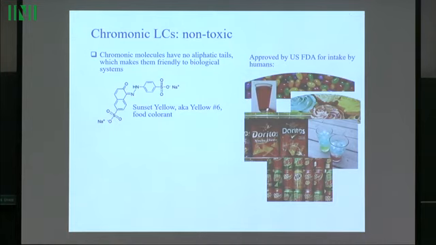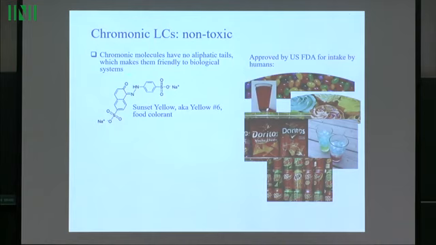This is not exactly a polyaromatic molecule, but still you have a couple of aromatic rings, and this extended system of aromatic rings makes them very absorptive. When they see light, they absorb some portion of light depending on the length of this core, and they look colored.